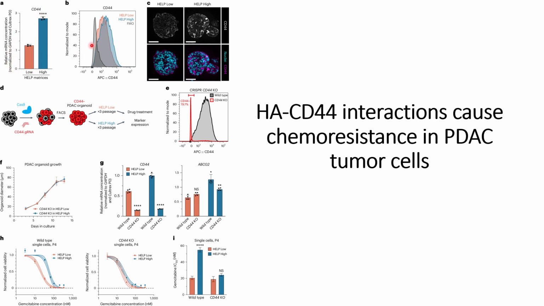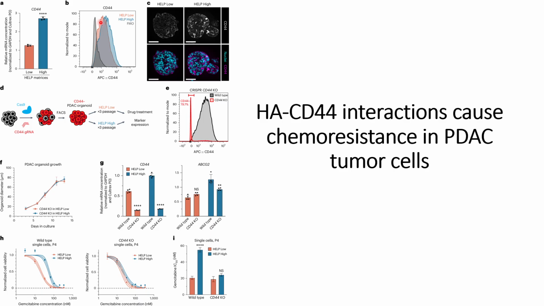After that, they also checked the CD44 protein expression using flow cytometry, and they found similar results: in the case of high HA matrices, they see more CD44 expression compared to the low HA matrices.